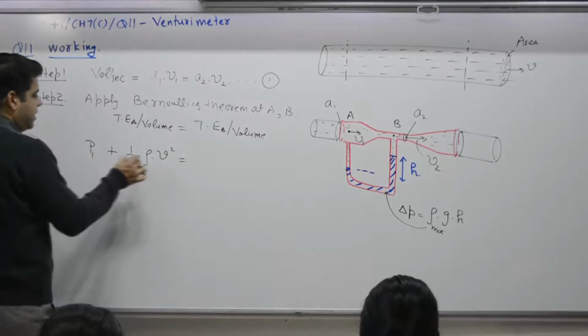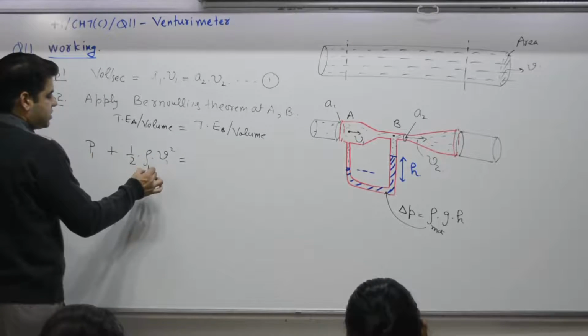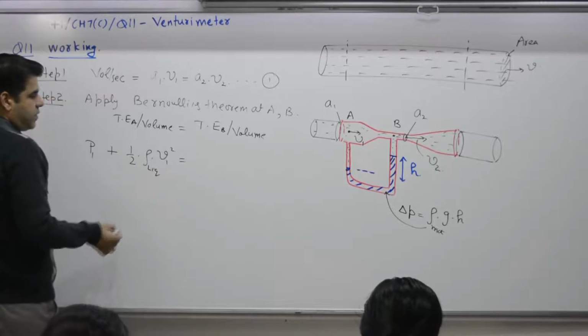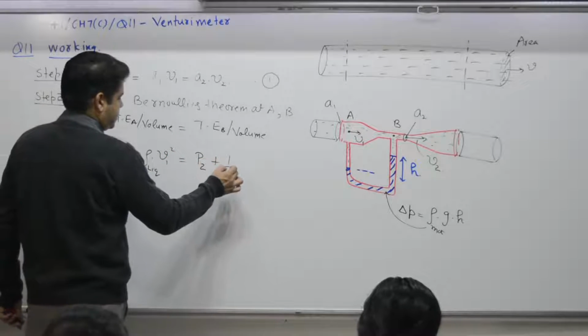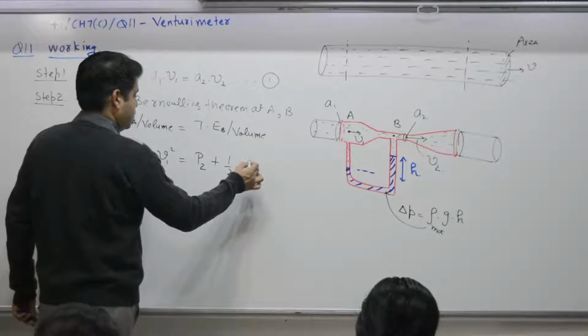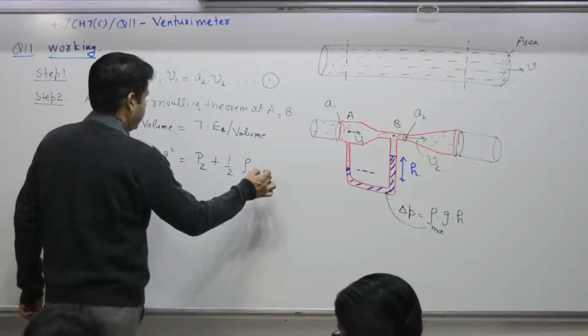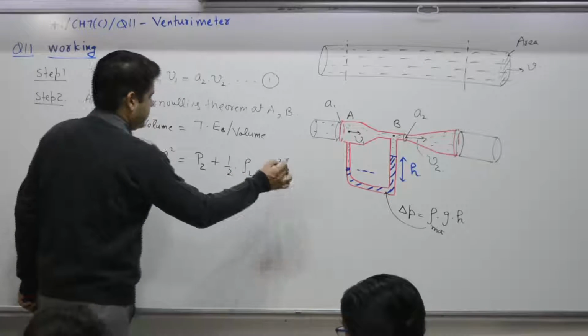For point 1, P1 plus 1 by 2 rho of the liquid flowing in the pipe, V1 square, is equal to P2 plus 1 by 2 rho of the liquid flowing in the pipe, V2 square.